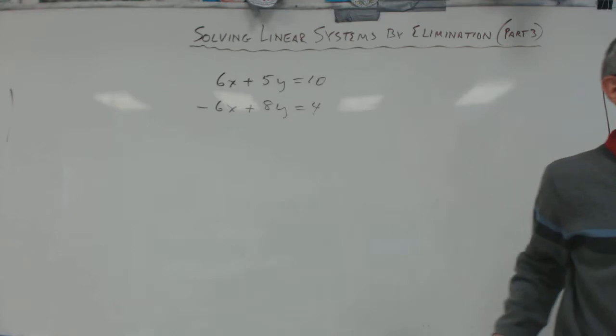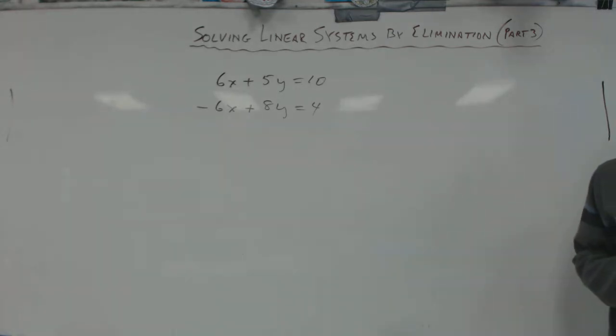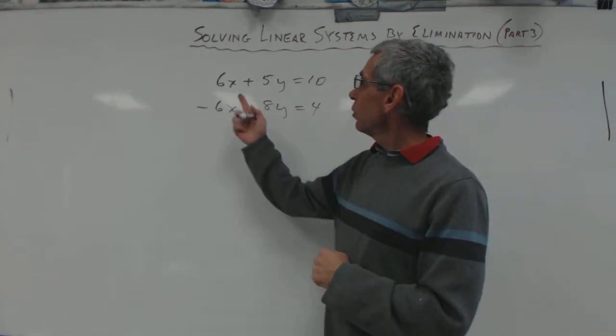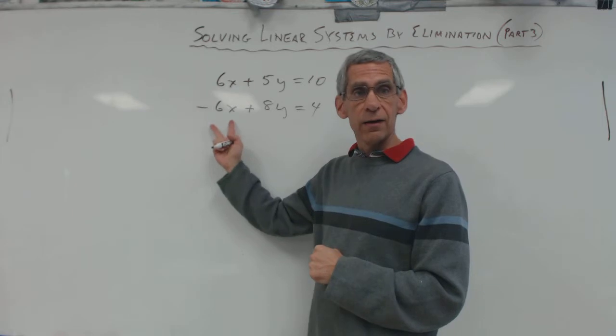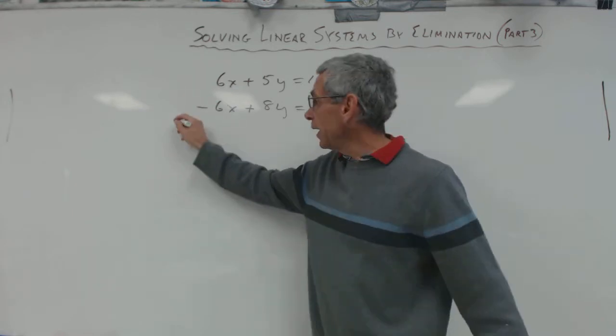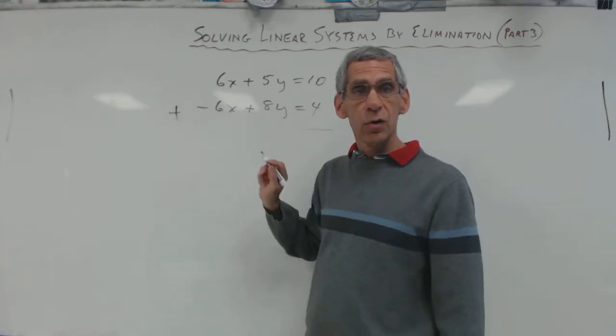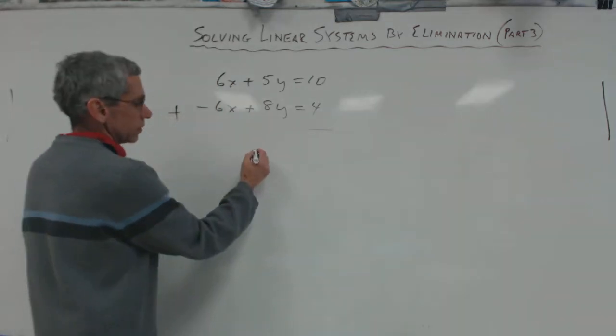Okay. What would you do, Naima? Well, it's already negative. So make it a positive. So, meaning these two would cancel out if you added them together. So it's ready to add, right? Totally ready to add. What about this one?